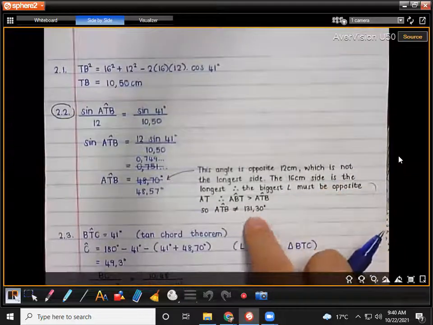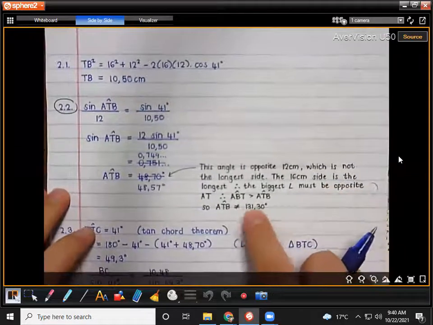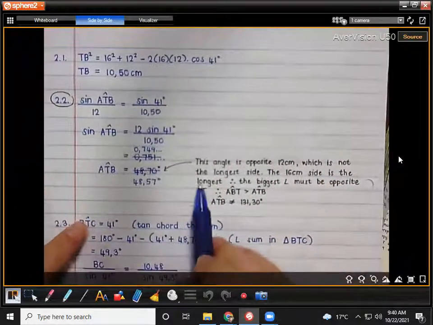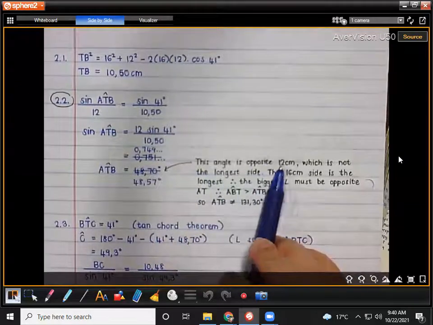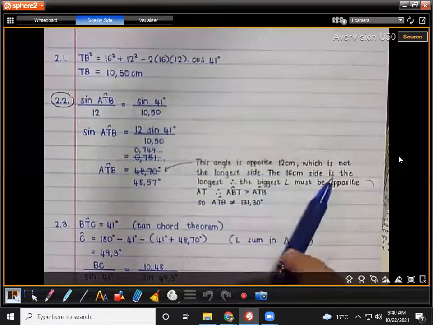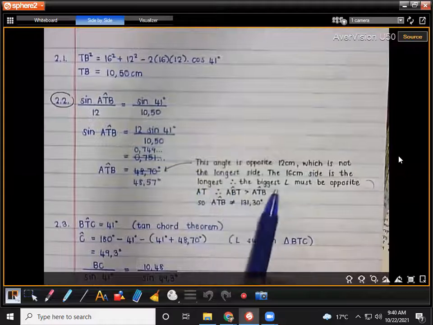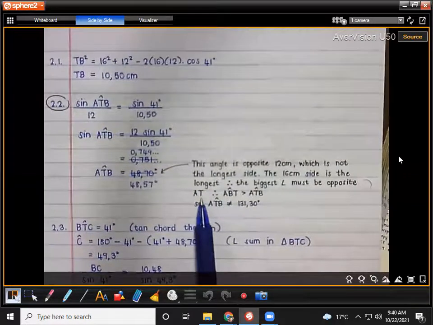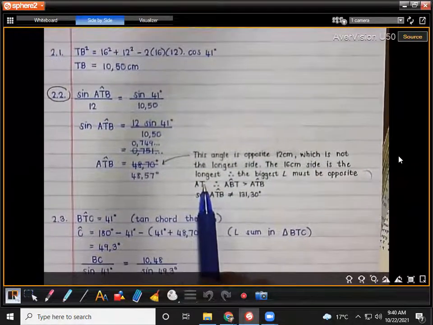Right, so let's see what I wrote down there. And now this size here is also different or wrong because I used the wrong value. I said this angle is opposite 12 centimeters, which is not the longest side. The 16 centimeter side is the longest, therefore the biggest angle must be opposite AT, the side that is 16 centimeters long.